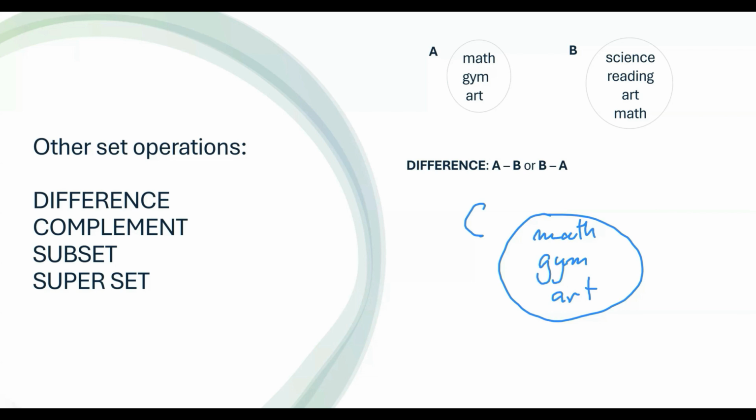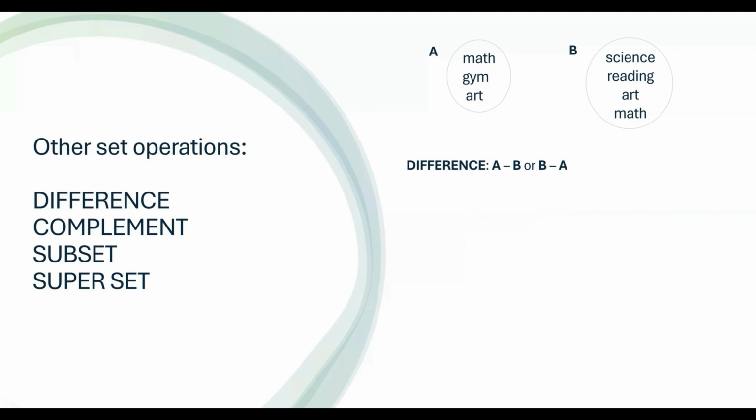Now look at B. Now you find art in B. So yep, take away, that goes. Now you see math, take away, that goes. So that's it. C is the difference when you do A take away B.